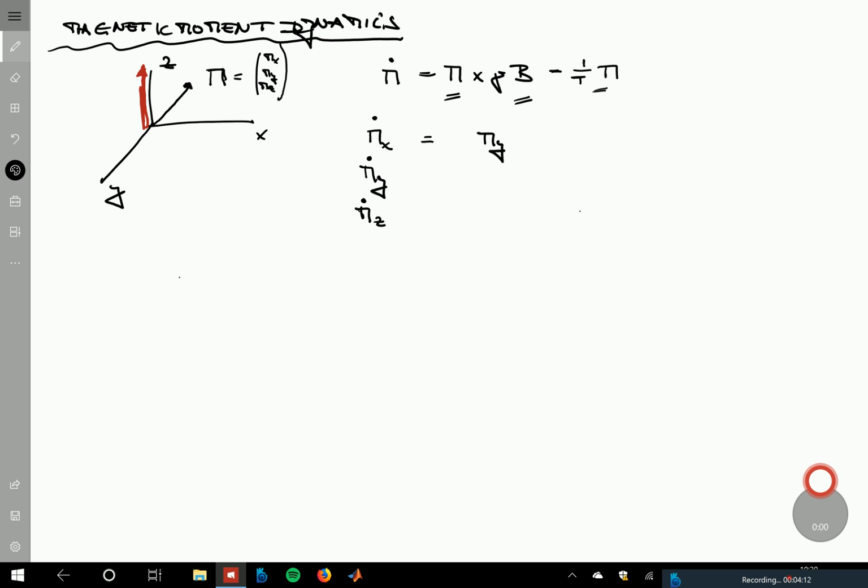my times, and this comes in from the magnetic field, where we established that there is a static magnetic field along the z direction, which is called B0.